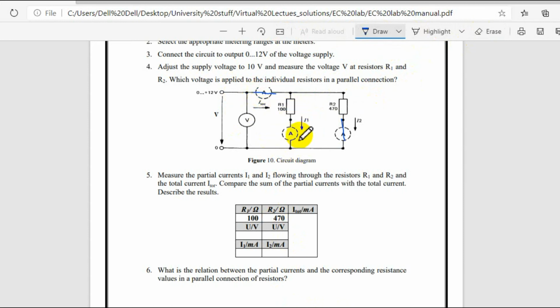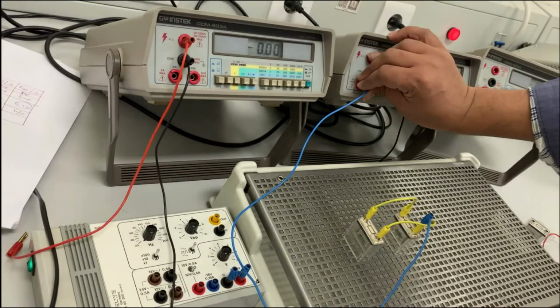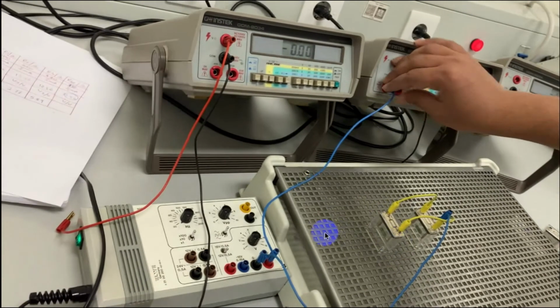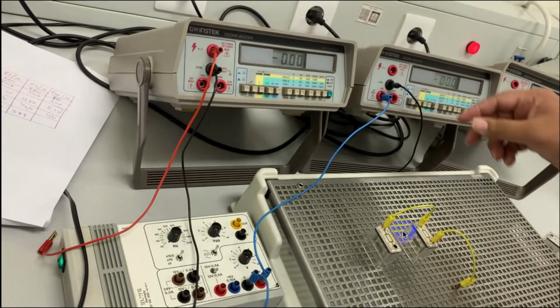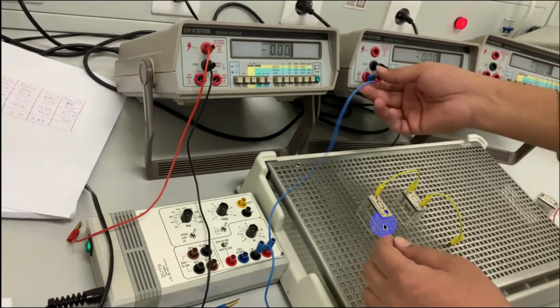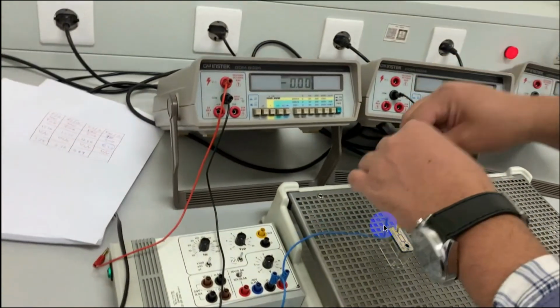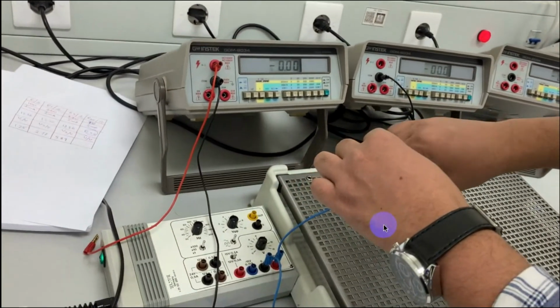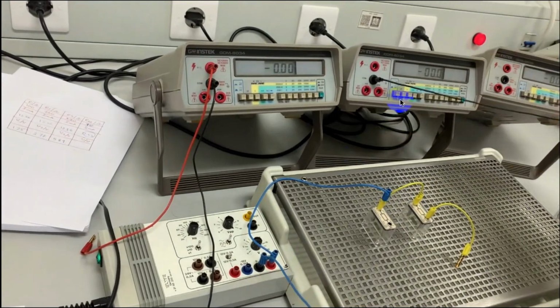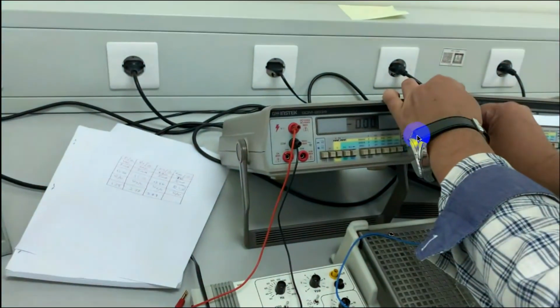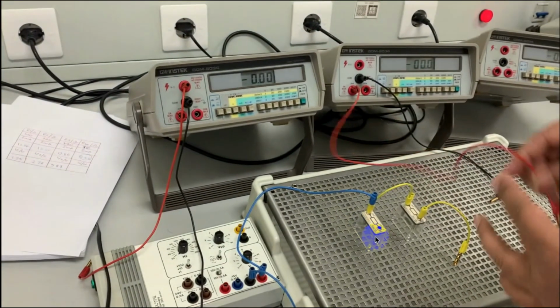Now I will connect this ammeter from these two points. Okay, these two are short. From this point I will connect to the ammeter. The supply is connected at these two points. Take the wire and connect to the red point from here to the ammeter.